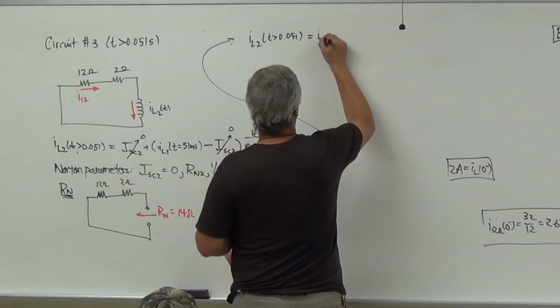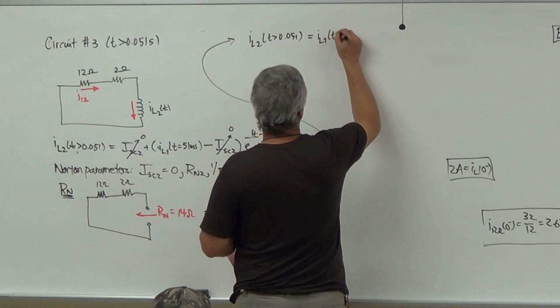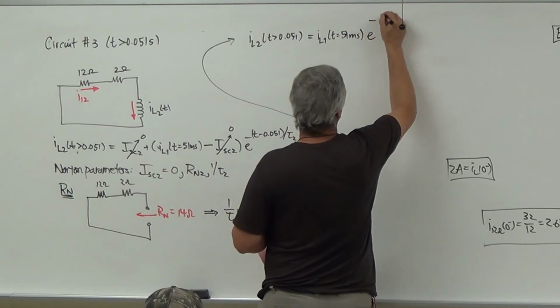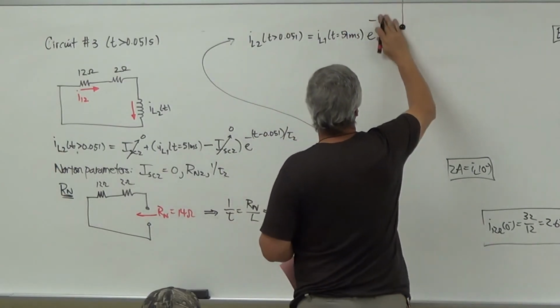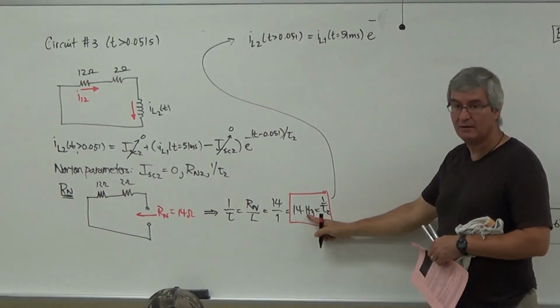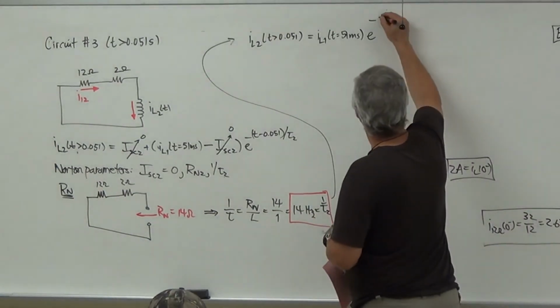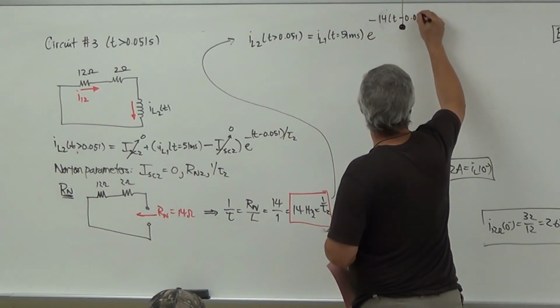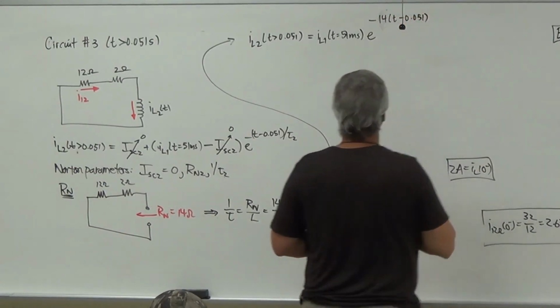So it's IL1 at t equals 51 milliseconds times e to the minus. Now here's my shift. My 1 over tau is 14 now, so I write negative 14, and then I have my coordinate shift like this.